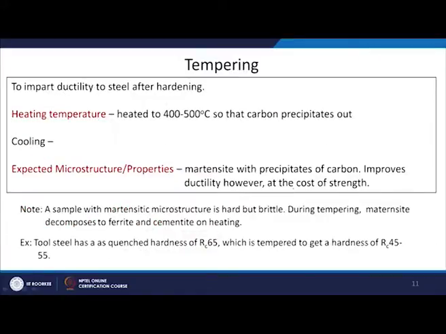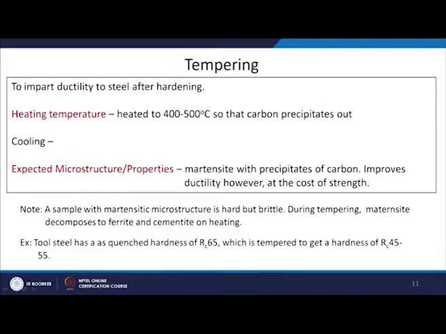Now, since martensite is a very hard and brittle phase, we have not come across this term till now, but take it from me that martensite is a very hard and brittle phase. So, if you have a martensitic phase in a plain carbon steel, you cannot use it in any application, because if you have any small impact it will fracture.